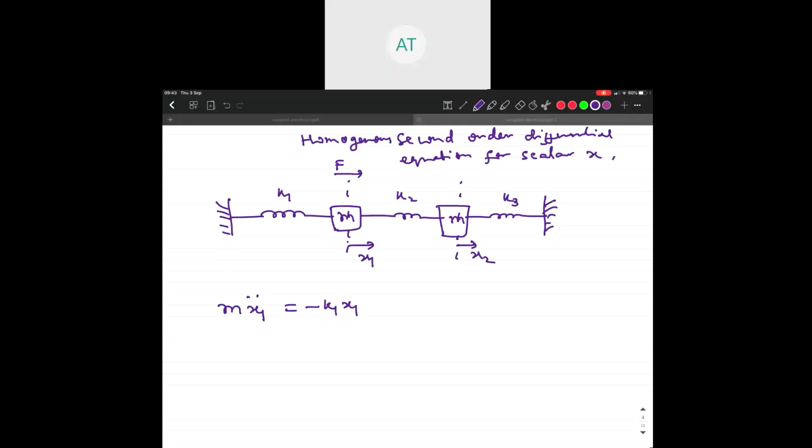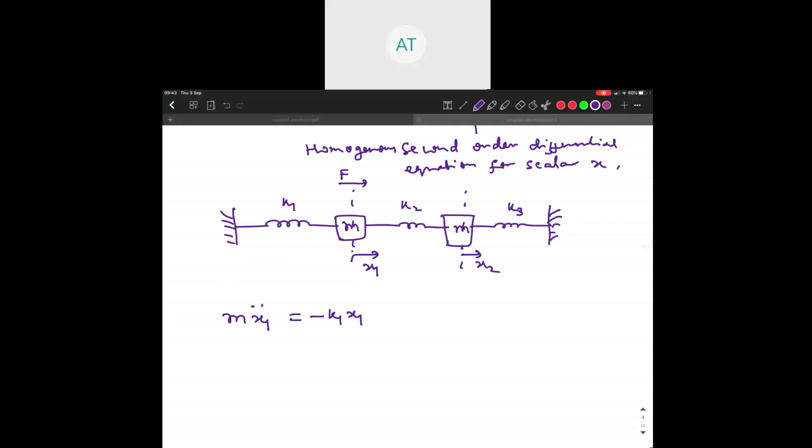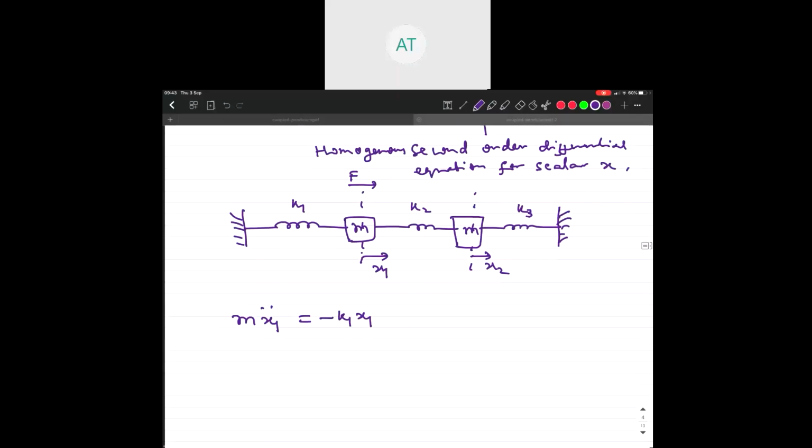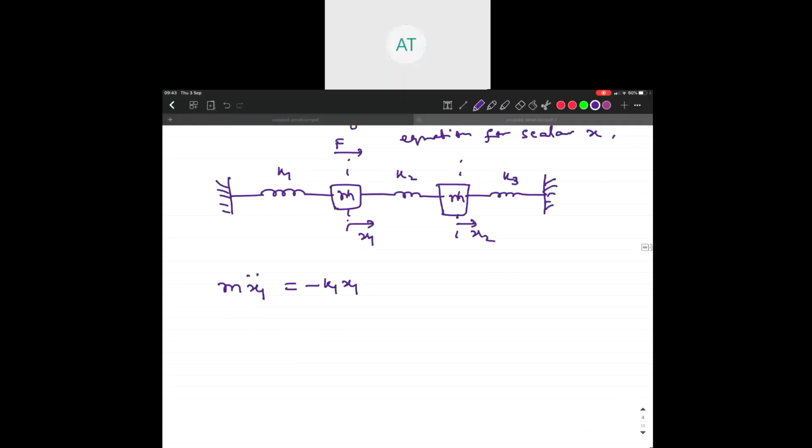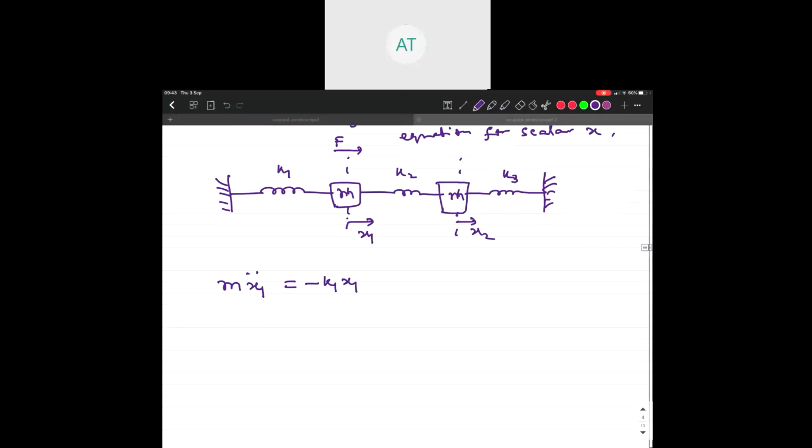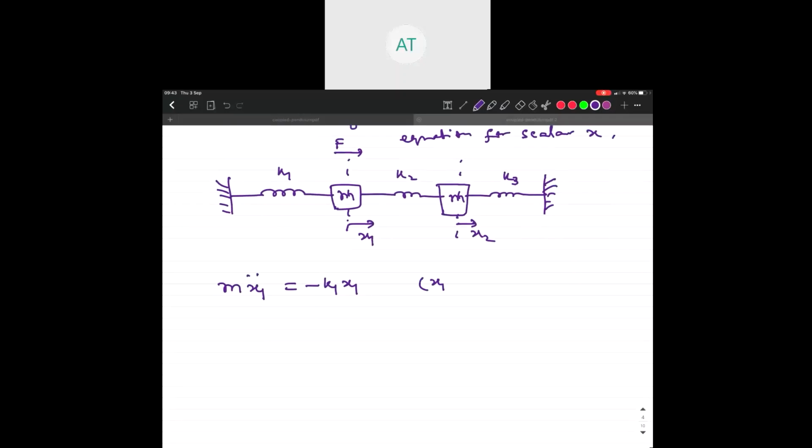At the same time, because the other mass is deflected by x2, that leads to stretching of spring k2. So k2 undergoes a compression by an amount x1 minus x2, and accordingly there would be a restoring force which is minus k2 of this.